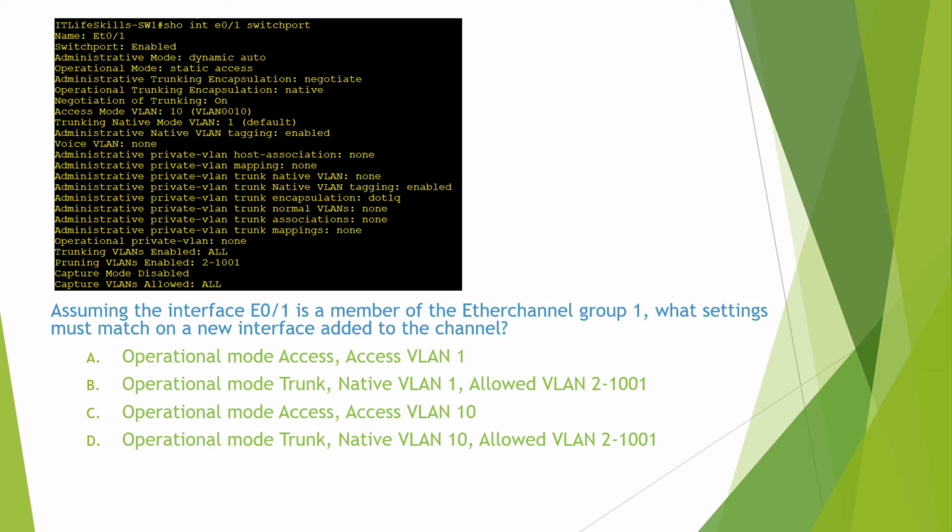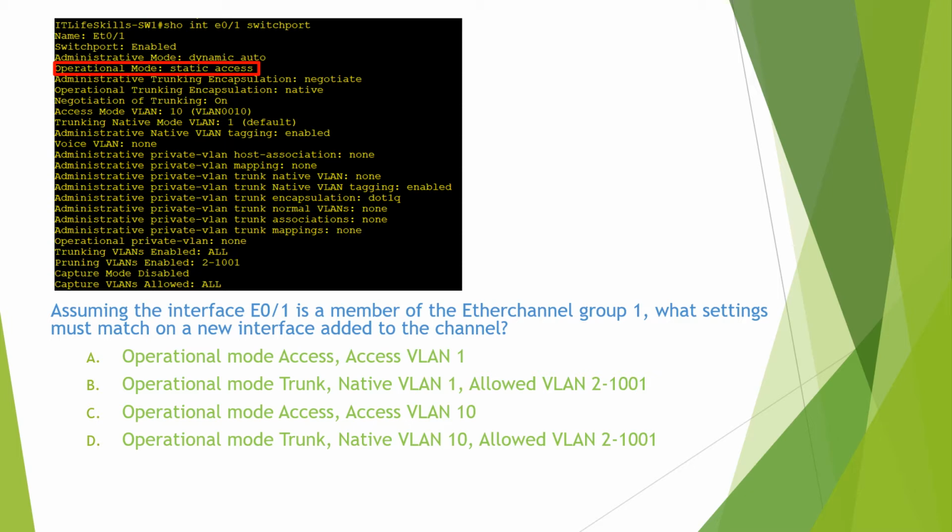Assuming the interface E0/1 is the member of the EtherChannel Group 1, what settings must match on a new interface added to the channel? From the screenshot, it shows us the command show interface E0/1 switchport. With this command, we can find out the operational mode is the access mode.